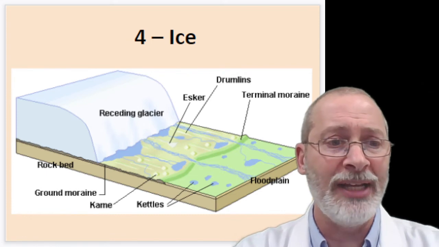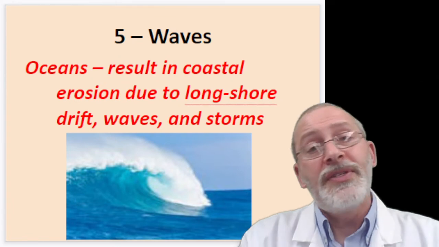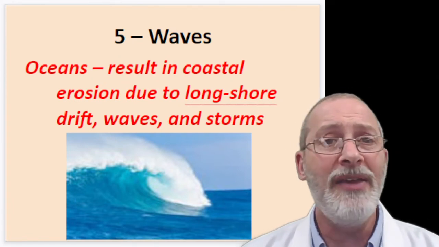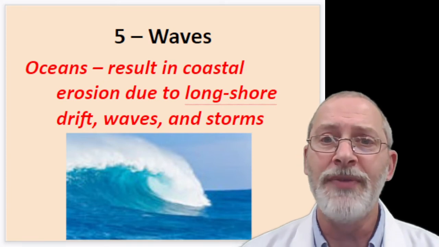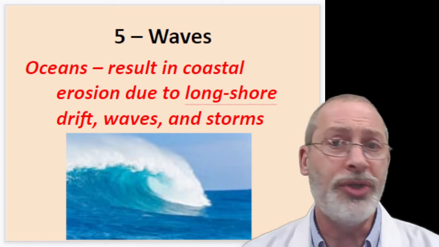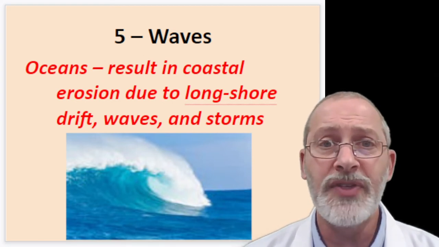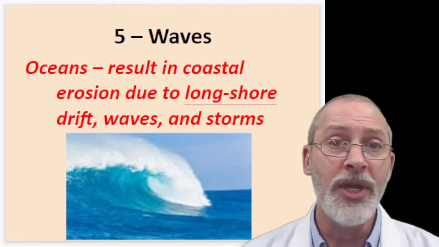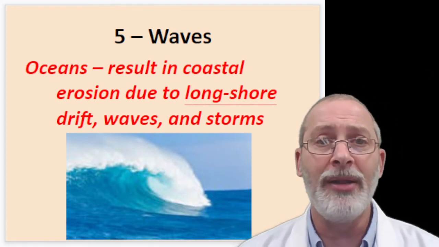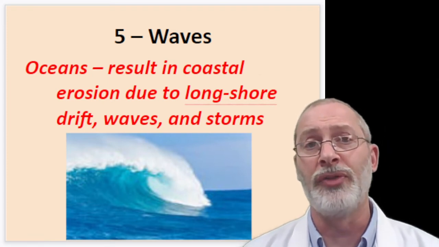That brings us finally to number 5, waves. Waves, perhaps a little bit more straightforward and obvious. Waves from the oceans result in coastal erosion due to various things, including longshore drift, waves from storms, the currents up and down the coast, but primarily the waves can create devastating effects along the coast.